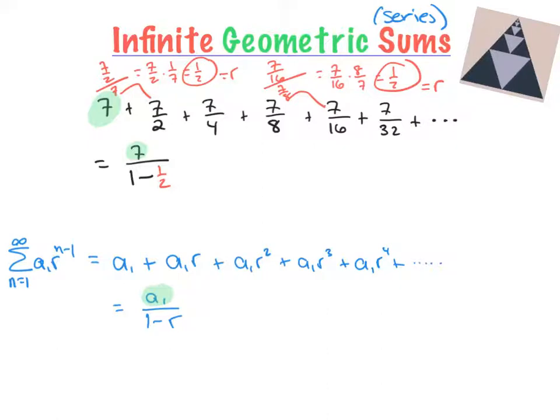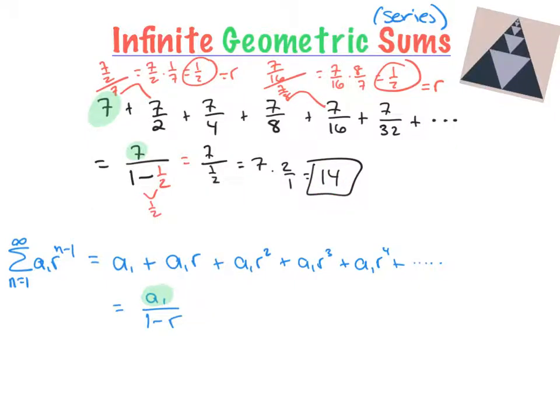So your first term, 7, or A1, divided by 1 minus your R. Doing a little arithmetic here, 1 minus 1/2 is 1/2. So we have 7 divided by 1/2, which is the same as 7 times 2 over 1, which is 14. So if we add up all the terms, 7, 7 over 2, 7 over 4, plus 7 over 8, and so on, apparently we get the sum 14.